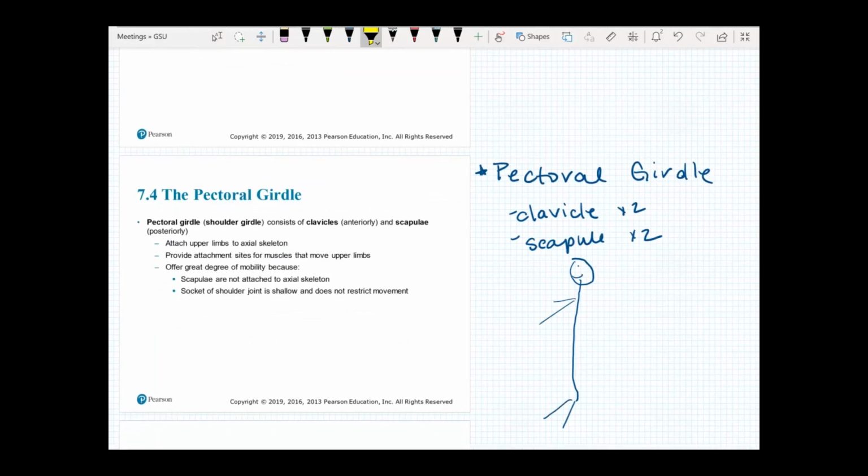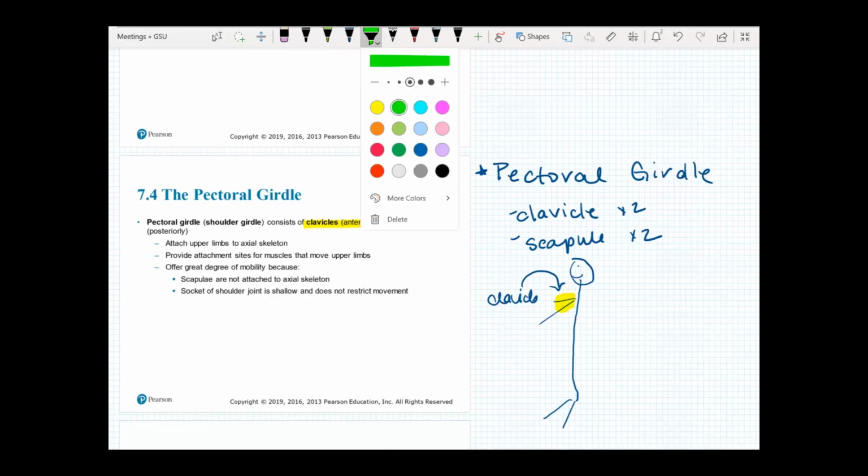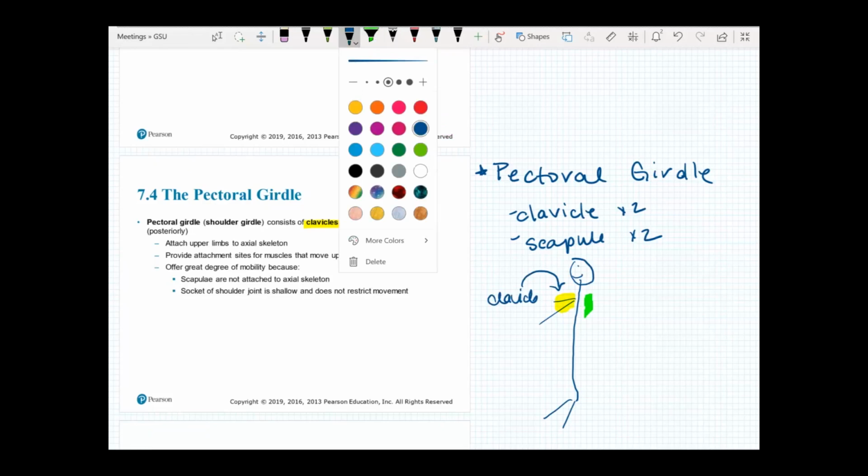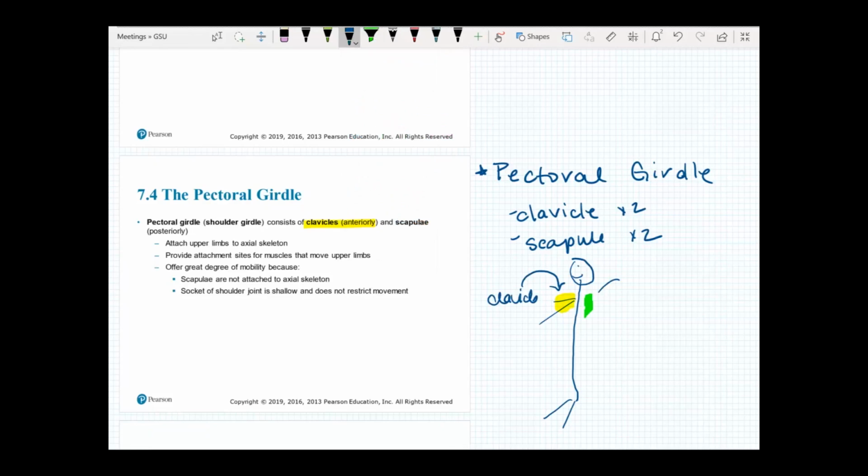When we're saying anterior and posterior right here, you are going to have your clavicles anterior, which means on this side right here, you will have your clavicle, your shoulder bone, whereas posterior, what we mean is this is where you'll find your shoulder blade. But both are going to be connecting at the pectoral girdle.